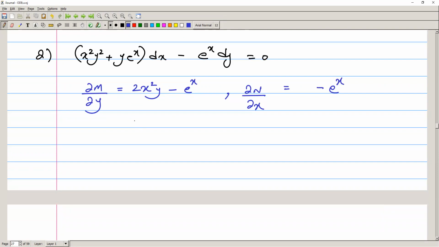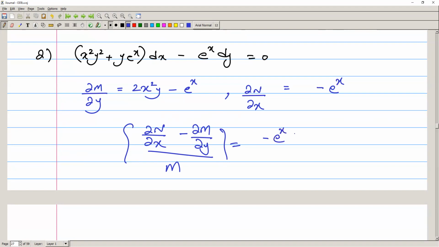So to make them exact, now we will use this formula, that is dou n over dou x minus dou m over dou y, divided by m. You can also check for case 1 whether it's a function of x only by using the formula for case 1, but here we are doing it directly because we know that we will not get a function of x independently by that formula, right?